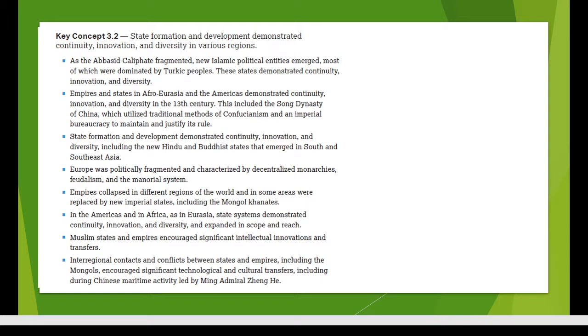Let's make sure that we understand some of the continuities and change in Turkish states. A lot of you guys already mentioned those caliphates: Mamluk, Delhi, Seljuk, Ottoman equals Turkish caliphates.